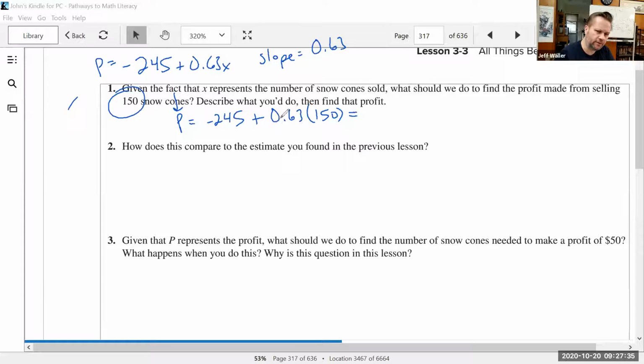And be careful. I had some interesting talks this morning. Order of operations never goes away. You got to multiply before you add this negative 245, right? So you can just put it in the calculator exactly like this, and then let me know when you get something.